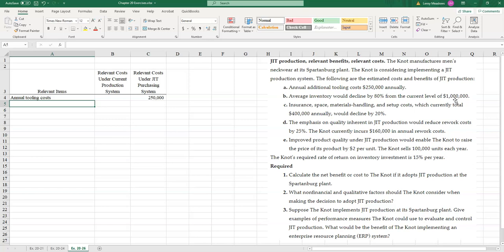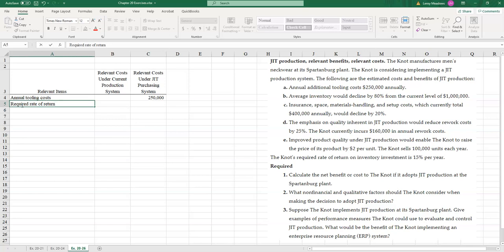Now, what's being asked of us here is the required rate of return. So our 15% required rate of return is going to be 15% of the inventory that we have.